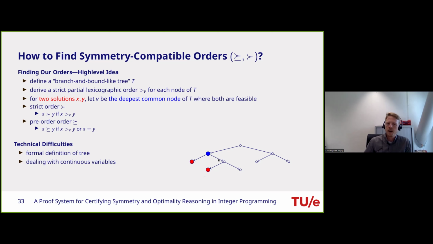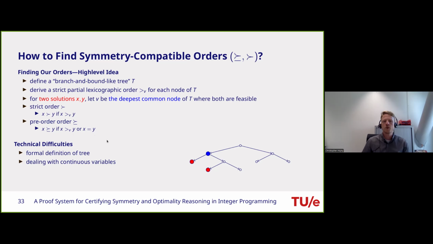Afterwards, their paths diverge. And then we compare these two solutions, x and y, based on the strict order that we defined at the blue node. And we also derive a pre-order that is satisfied either if x is strictly greater than y at this node of the branch and bound tree, or they are the same.